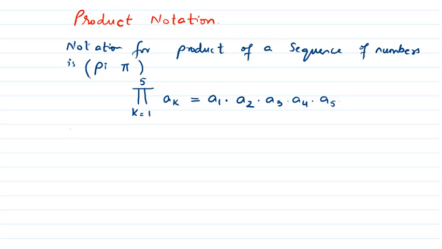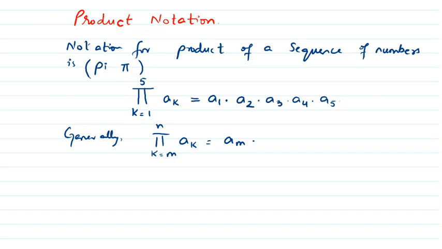In a general form, I may also write, say I have a pi symbol that is starting from m ending at n. Not necessarily कि वो 1 से start होगी, किसी भी index से start हो सकती है. And having a term here that is noted by ak, this is going to be am, right?